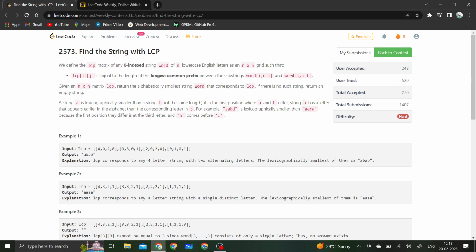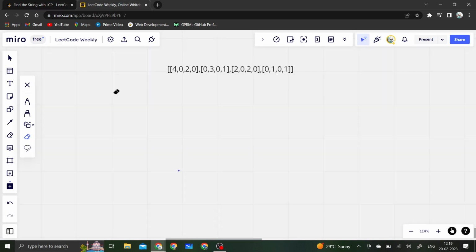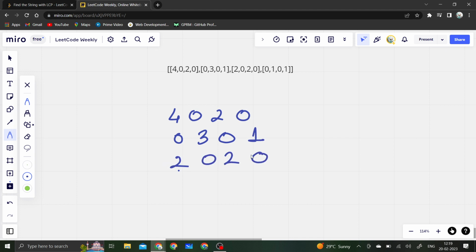So for this first test case, let's try to derive it. We are given this matrix, let's draw it. We have 4, 0, 2, 0, and 0, 3, 0, 1, and 2, 0, 2, 0, and 0, 1, 0, 1.